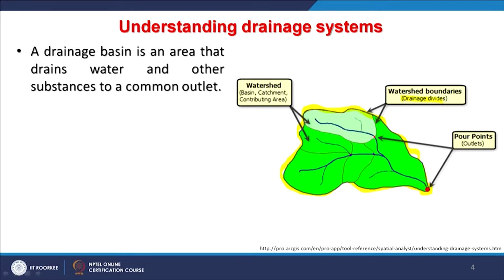Why drainage divide? Because whatever drainage network we are seeing is all contributing to this outlet. And the interesting part is that one watershed ends, another watershed starts over the land.